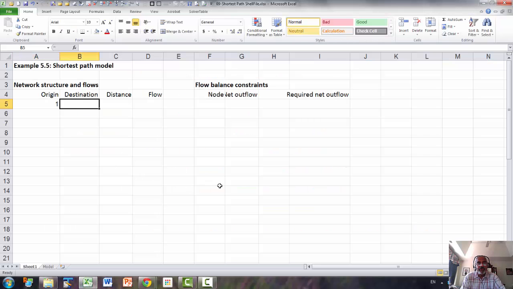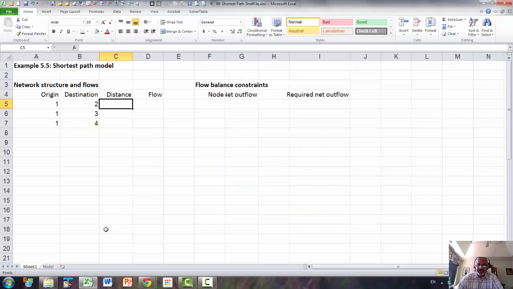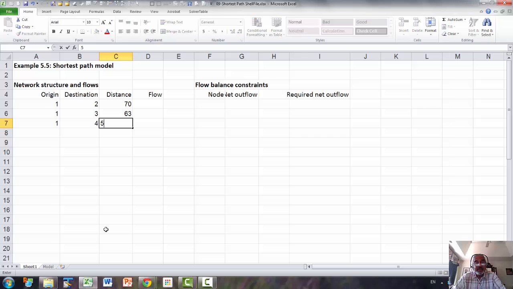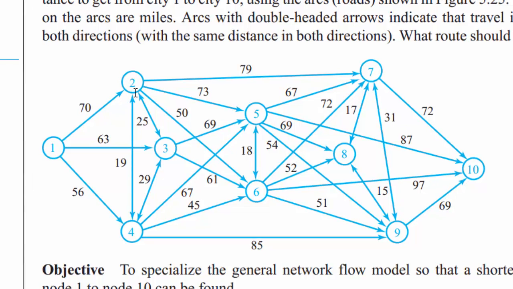So we do 1 to 2, 1 to 3, and 1 to 4. Now the distances are 70, 63, and 56.